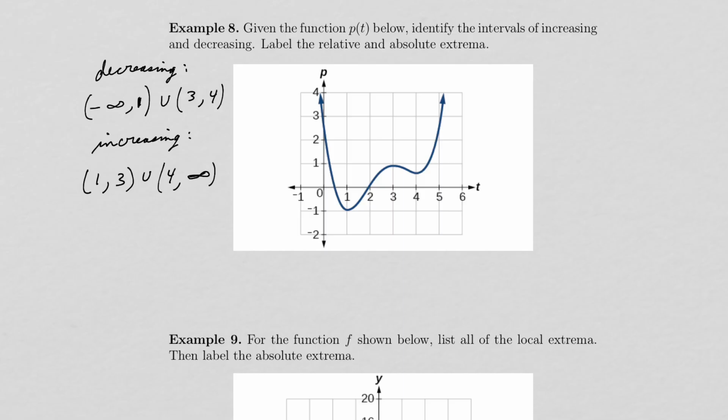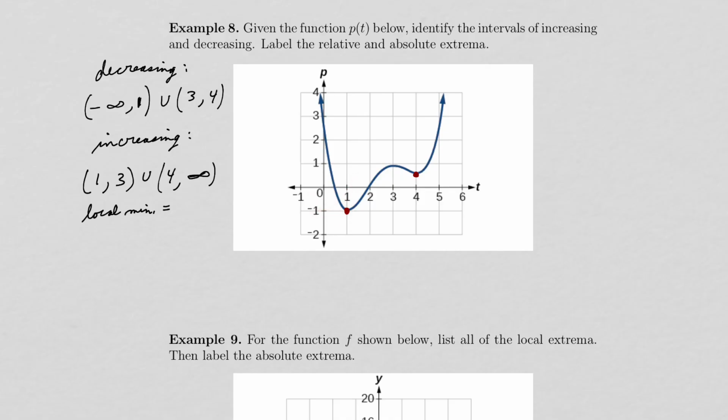Okay, first of all, are there any local minimums or local maximums? Let's look for local minimums. So local minimums would be like little valleys, right? Yeah, absolutely, right? So here is a local minimum. Here is a local minimum. Okay, so we can say there's a local min equal to, what's the output value at 1 here? So maybe negative 1.